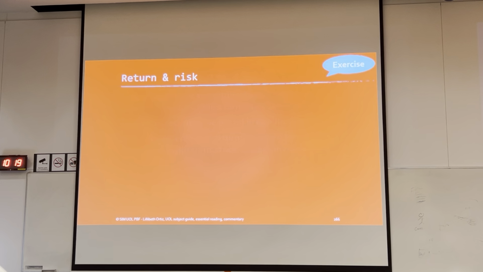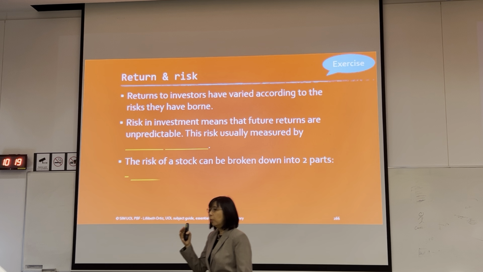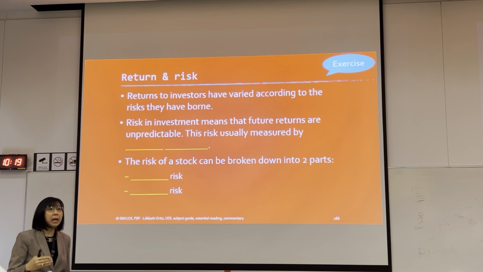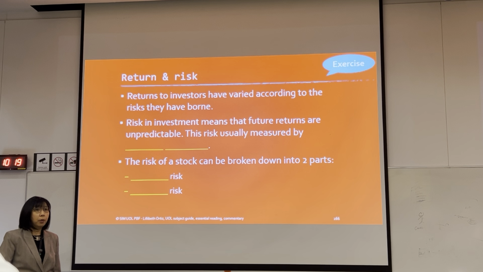Okay? Right? So you need to know and understand very well the relationship between risk and return, right? So returns vary according to the risk. The higher the risk of that investment, the higher its return should be, right?